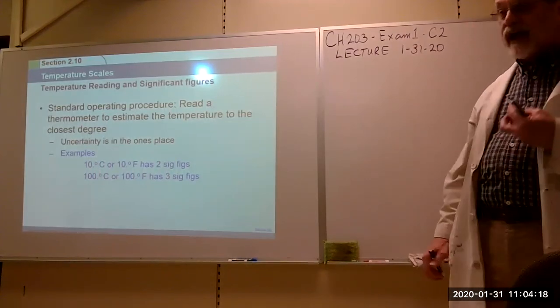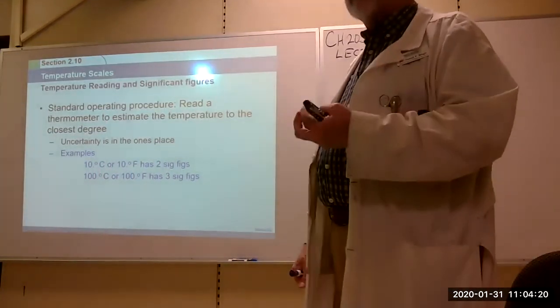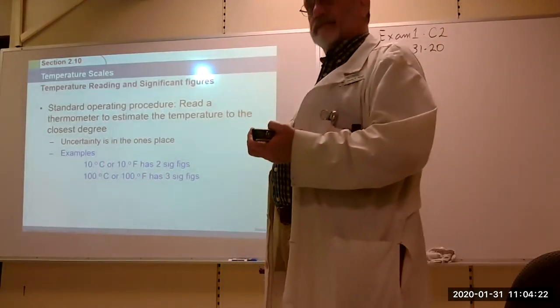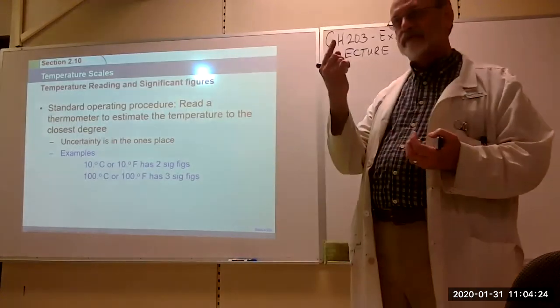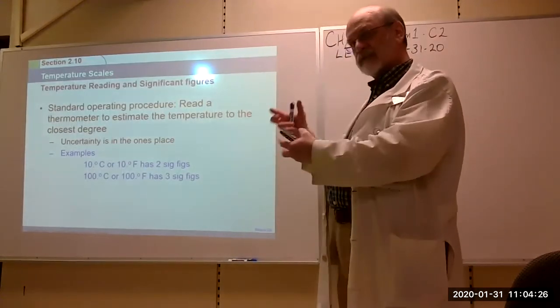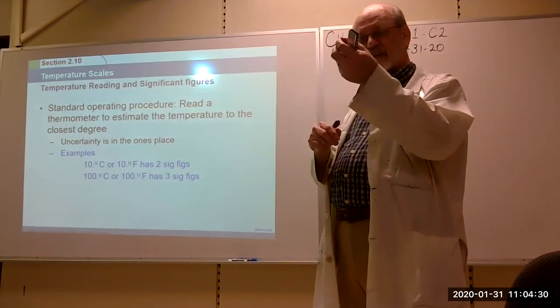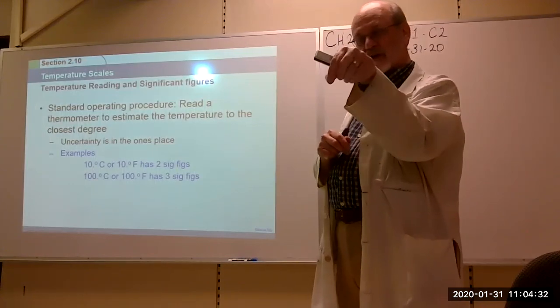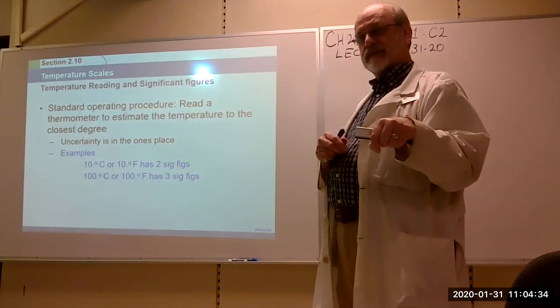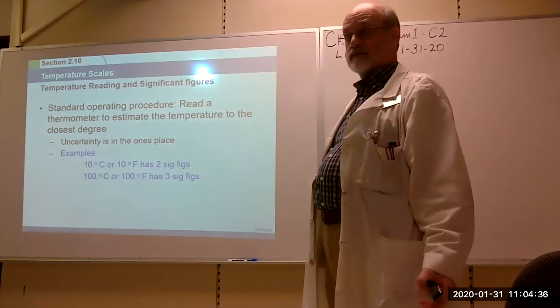And then, of course, now we have electronic thermometers. Right? They use a thermocouple and a wire that goes to a device, and it interprets the change in resistance in that thermocouple with temperature and tells you to tenths or even hundredths of degrees.